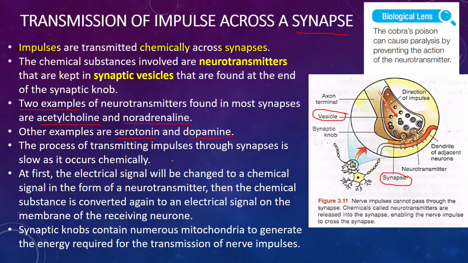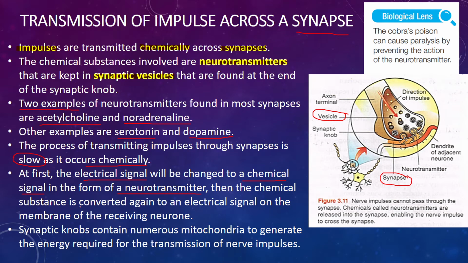Okay, so the process of transmitting impulses through synapses is slower, unlike nerve impulse transmission that is through electrical. Kenapa slow? Because it occurs chemically. The one which is across synapse adalah secara kimia. So at first, what will happen is that the electrical signal ini will be changed to a chemical signal, in the form of a neurotransmitter.